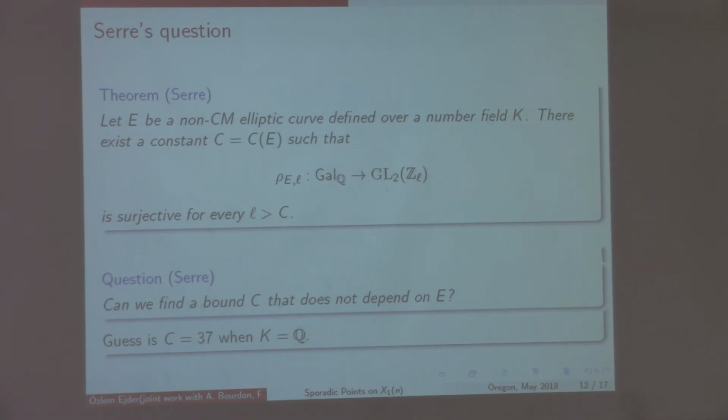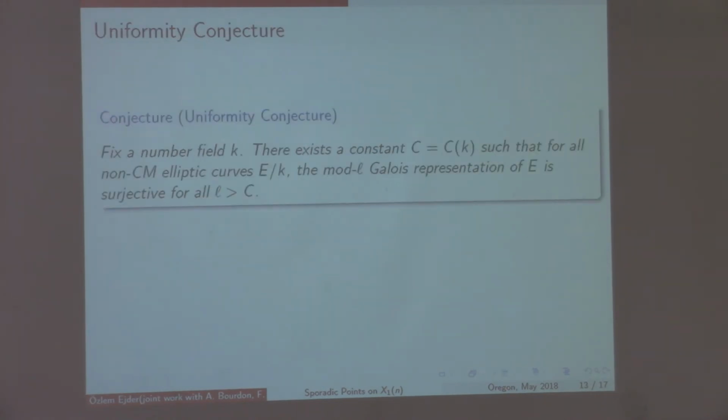So then Serre asks, can we find a bound C that doesn't depend on E? And if you take this number field as Q, then the guess is C equals 37. There is lots of evidence in this case that actually 37 works. All right, so then we can formulate this as a conjecture.